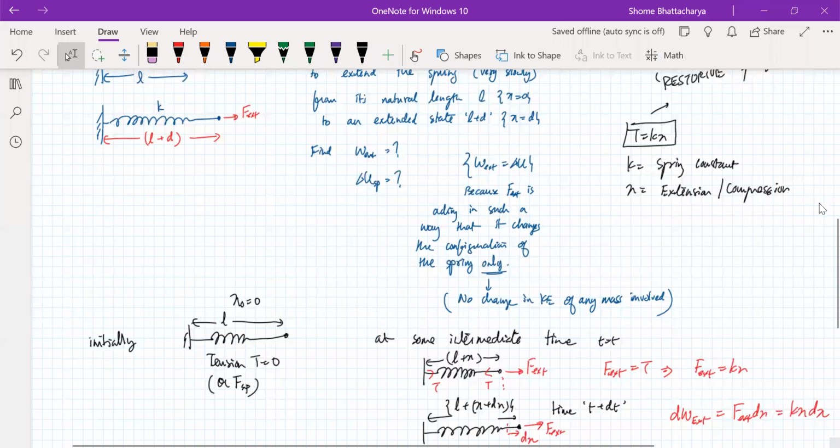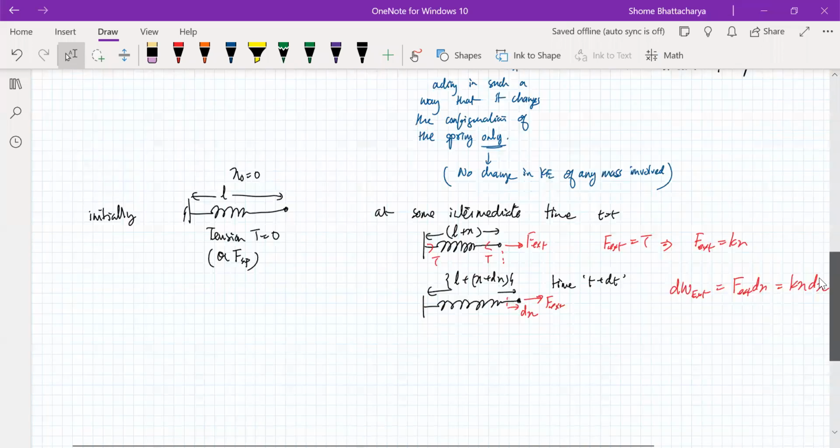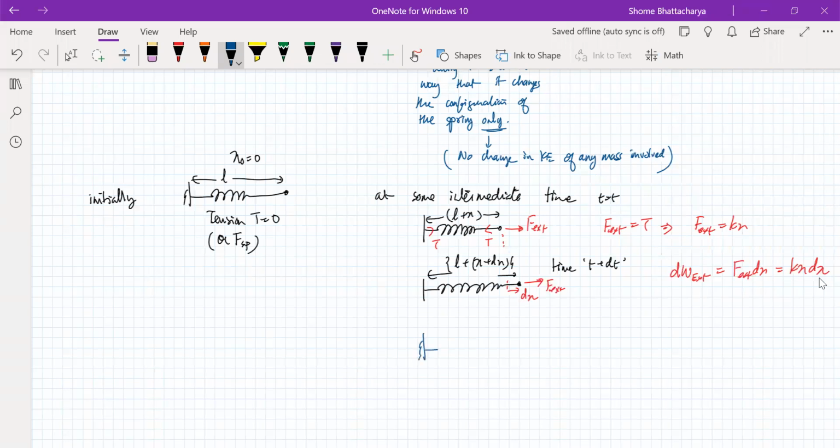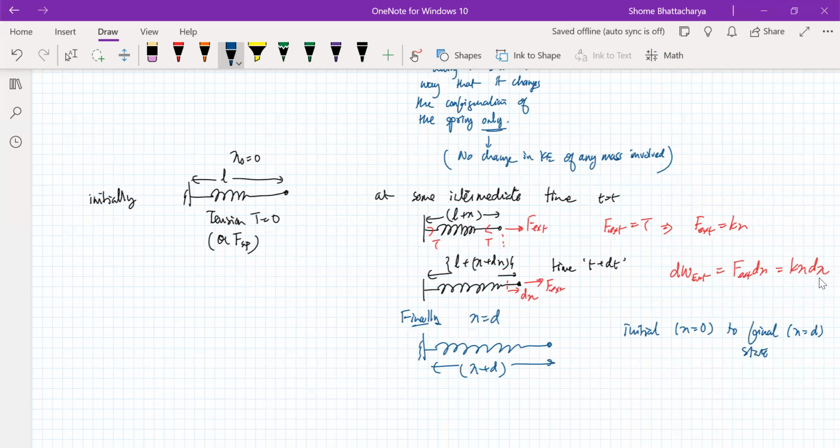So finally, when you reach the goal, which is to bring the spring up to a total extension of d, to go from initial, where x is equal to 0, to final state, where x is equal to d, the work done by the external agent is integration of kx dx from x equal to 0 to x equal to d.